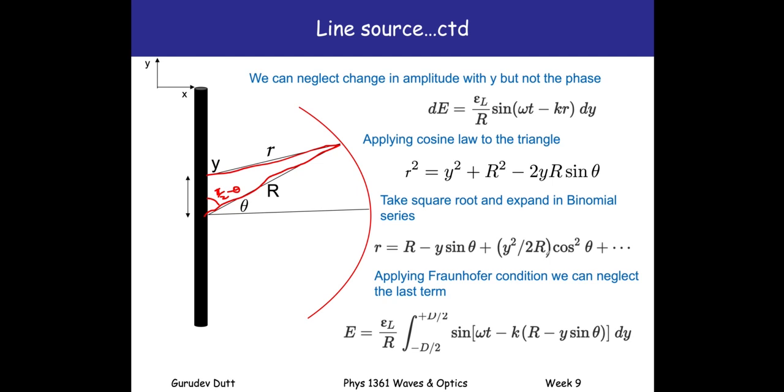And then we obtain the result that the electric field is simply the integral now. In the earlier case, we had a finite number of point sources. Now we have an infinite number, so we need to integrate over y. Okay, we can carry out this integration. It's just linear in the y variable.